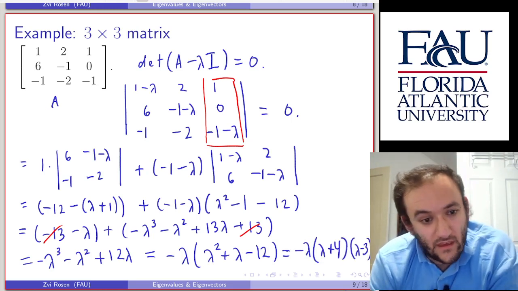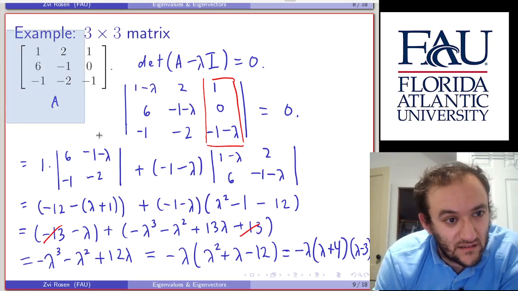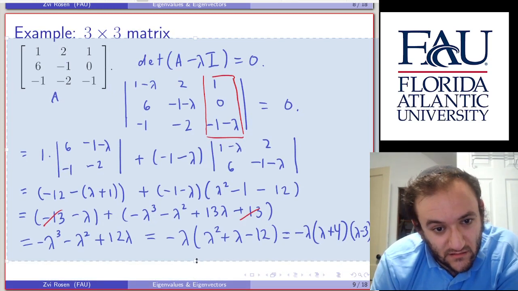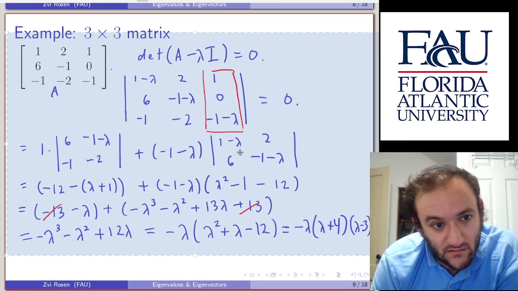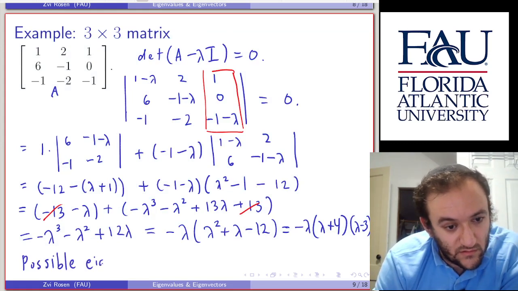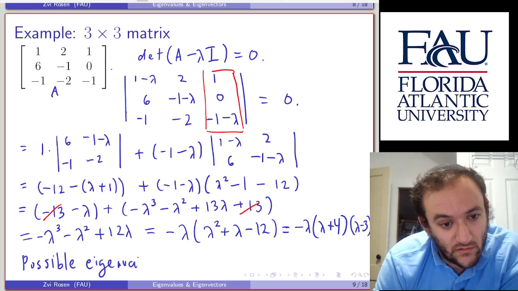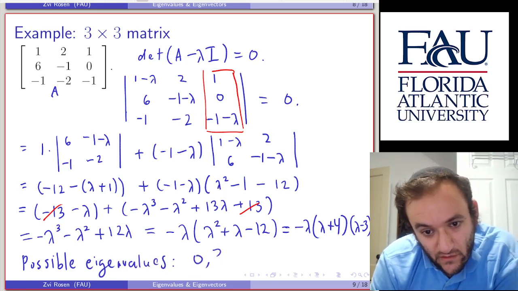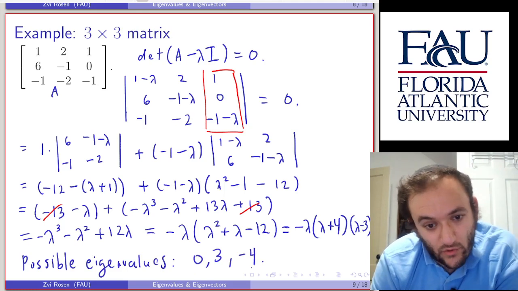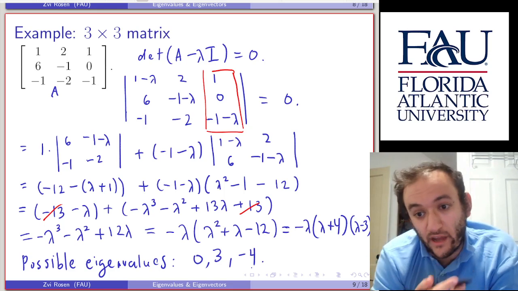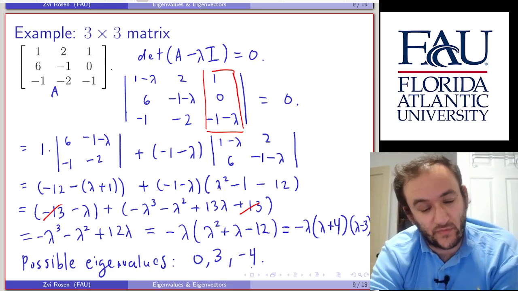Okay, and that tells us that our possible eigenvalues are exactly 0, 3, and -4. Okay, because that's where this product of terms vanishes.